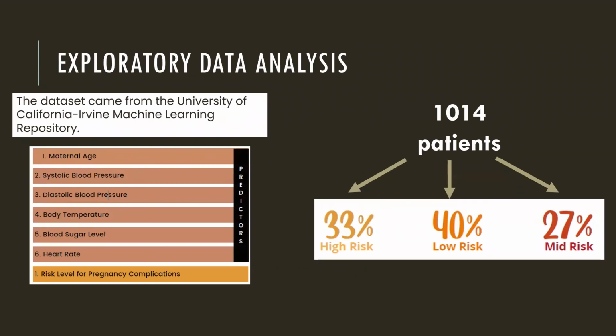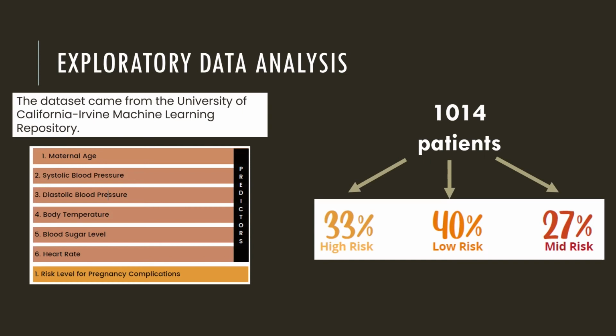So starting with the exploratory data analysis, this was a data set that came from the UC Irvine Machine Learning Repository, and it's comprised of 6 predictors. So that was maternal age, systolic blood pressure, diastolic blood pressure, body temperature, blood glucose level and heart rate.